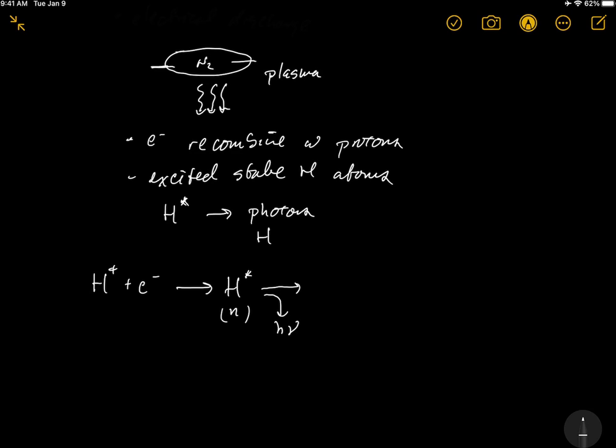So what the system tends to do is lose energy via a photon and drop down to a lower energy state, we'll call it M, and so on, where N and M are quantum numbers, and it can keep doing that until we have H in the N equals 1 state.